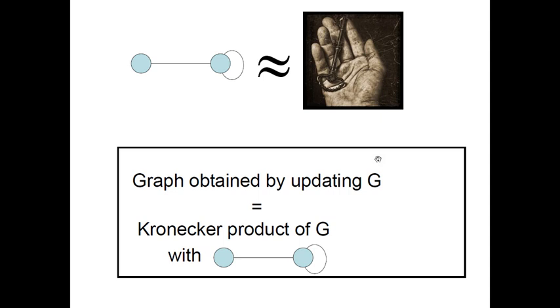Basically, the idea is that rather like the way you can form the Cartesian product of 2 sets, and then you get the set of all pairs that have the first element in the first set and the second element in the second set, rather like you can do the Cartesian product of sets, you can do the product of 2 graphs. There are several different kinds of graph products which are defined. I'm going to talk about the Kronecker product.